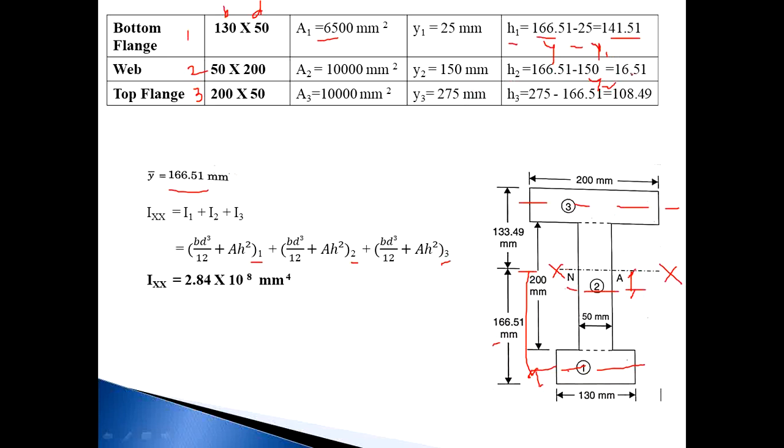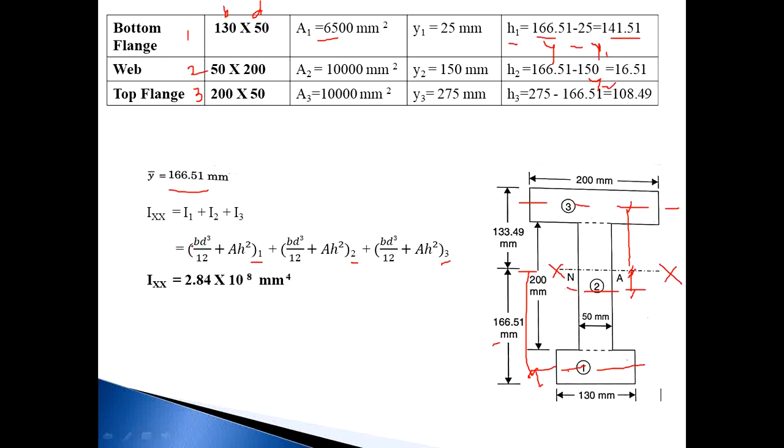So H2 becomes 16.51. Then H3 is the difference between these two axes, so H3 is y3 minus y bar. So 275 minus 166.51. So H3 becomes 108.49 mm.